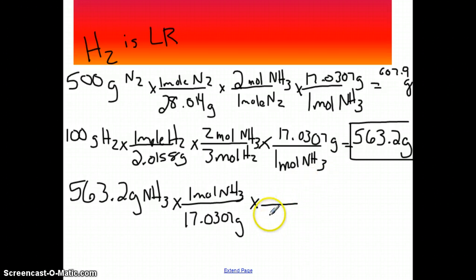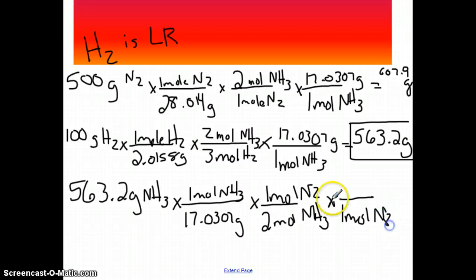So this is almost like working backwards. Then you have 2 moles NH3 for every 1 mole of N2. And then we're going to get 2 grams of N2. We see that we use 463.2 grams N2.